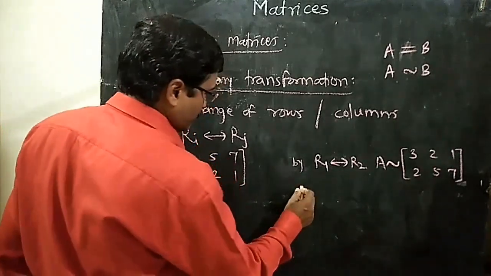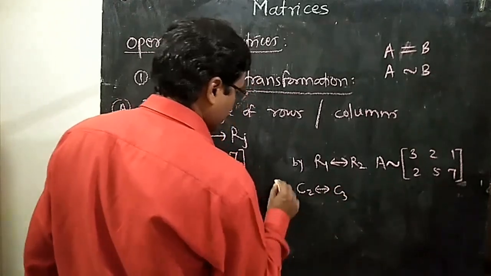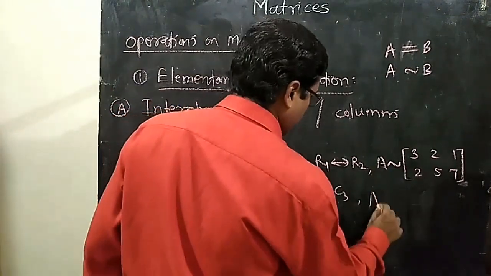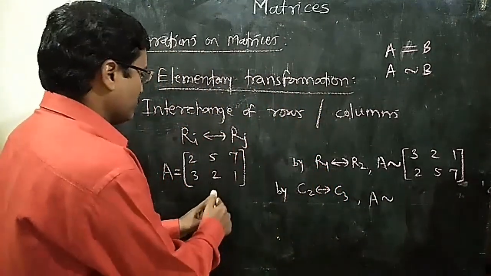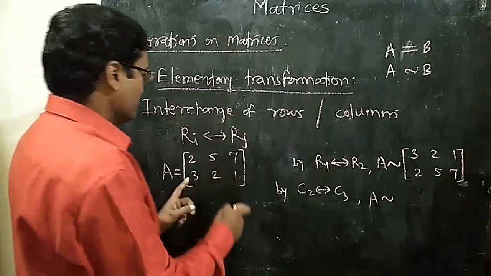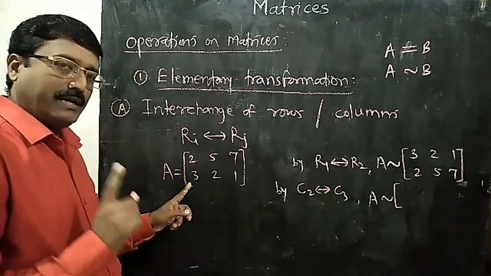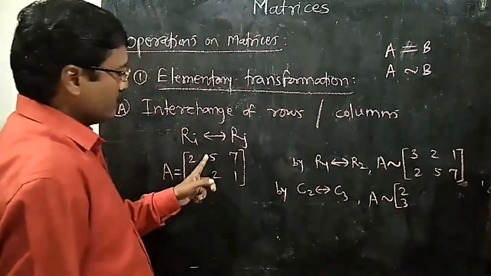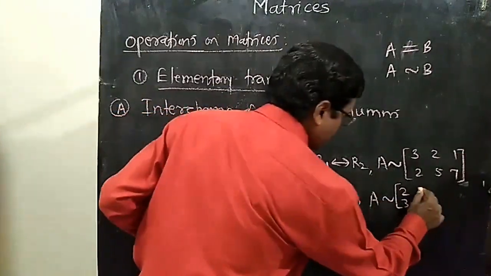Let us take one more example. Suppose C2 interchange C3 by this operation. What will we get? We get A equivalent. We have to interchange two columns, the second column and the third column. Just interchange their positions. Obviously in this case, the first column will remain as it is. So 2 3, that is our first column. The second column, instead of 5 2, we get 7 1.